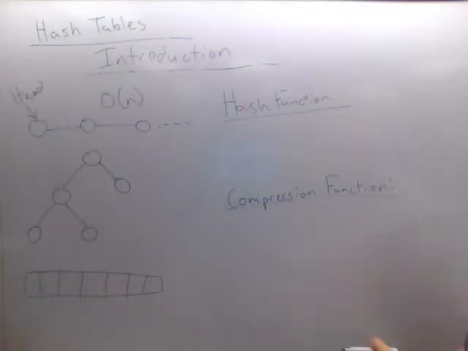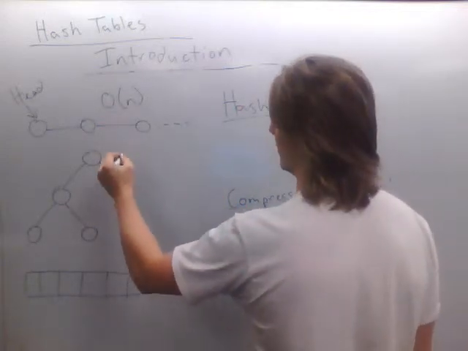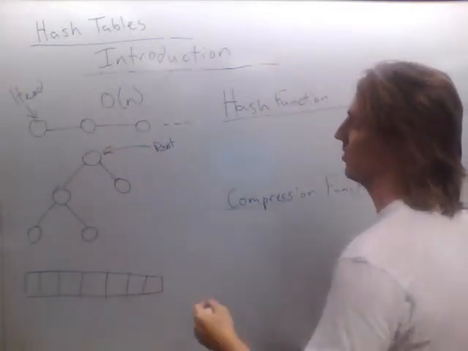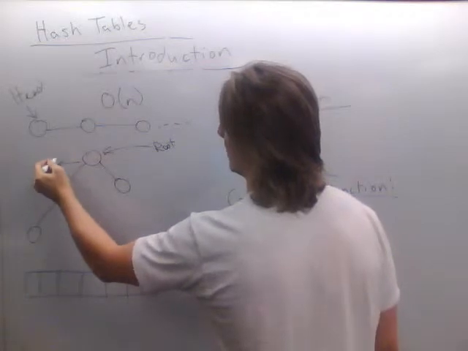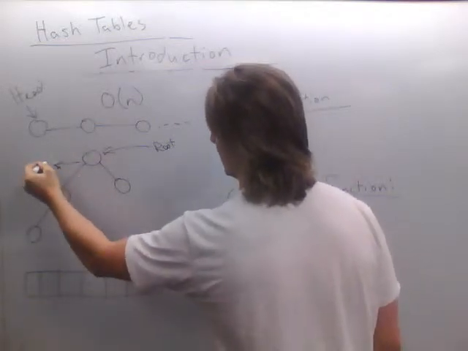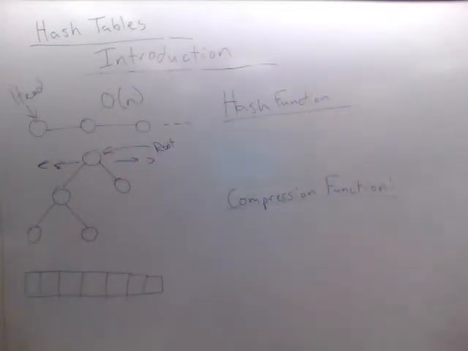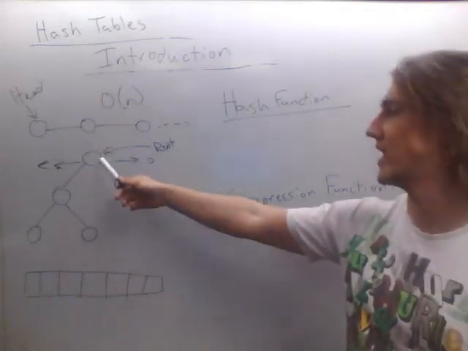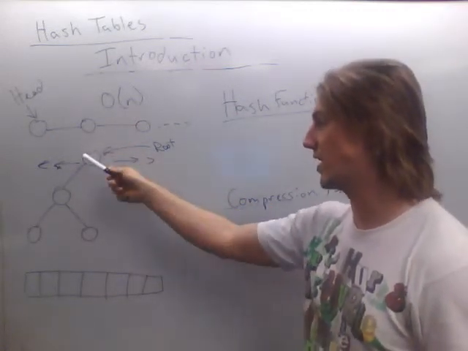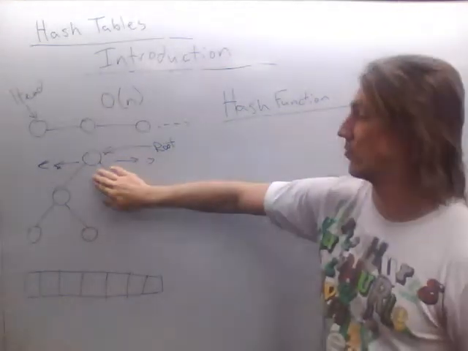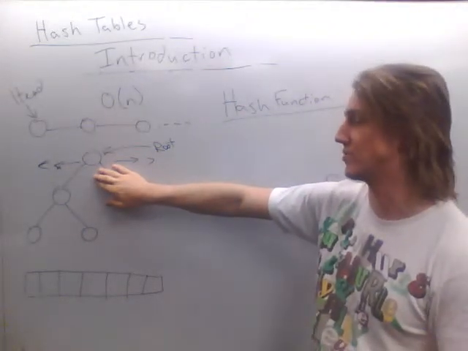So can we improve on that? Yes. So what if we do a binary search tree? In this case, you have a root, where all the data to the left is less than the root, and all the data to the right is greater than the root. So for every element that we check, if we check the root, then we can cut off half of the data. We might not have to check this half if it's smaller.